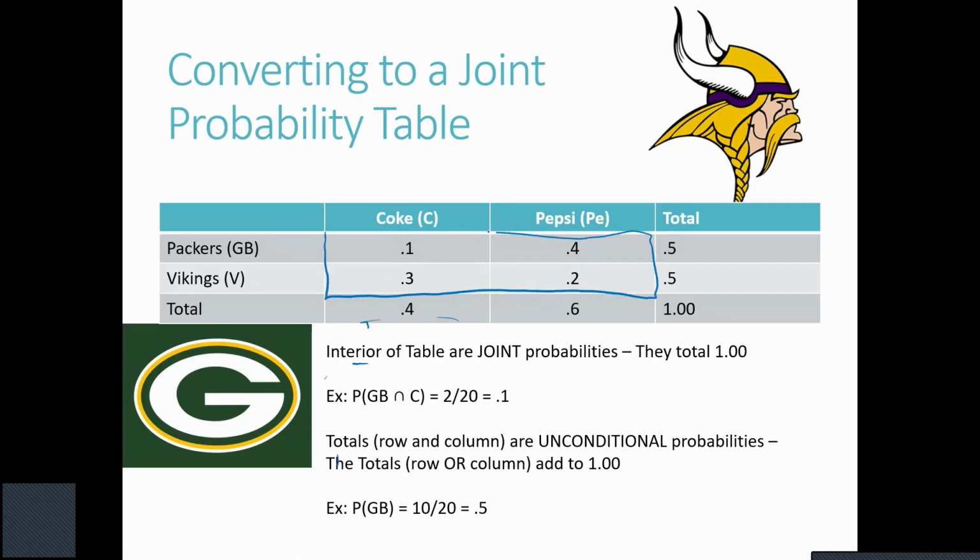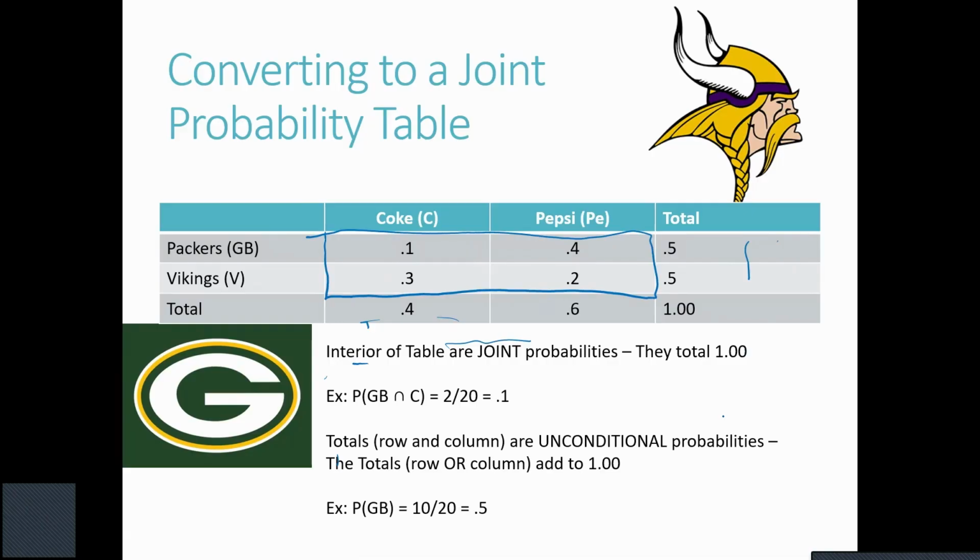These are joint probabilities, and notice 0.1, 0.4, 0.8, 0.10, those add up to 1. These over here and down here are marginal probabilities. They also total 1. So these totals are unconditional probabilities.